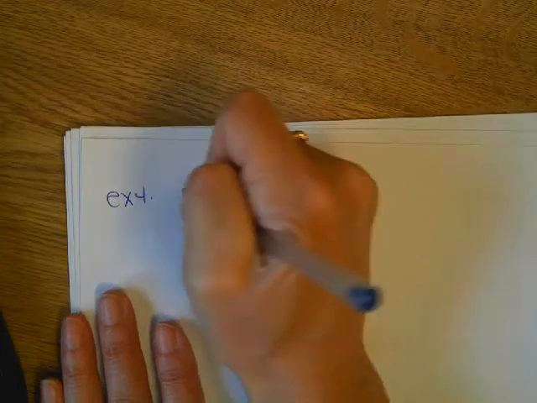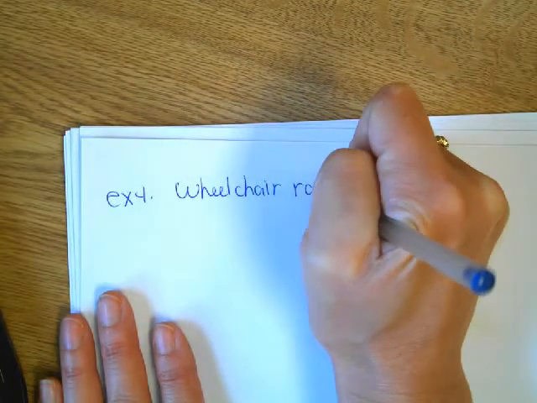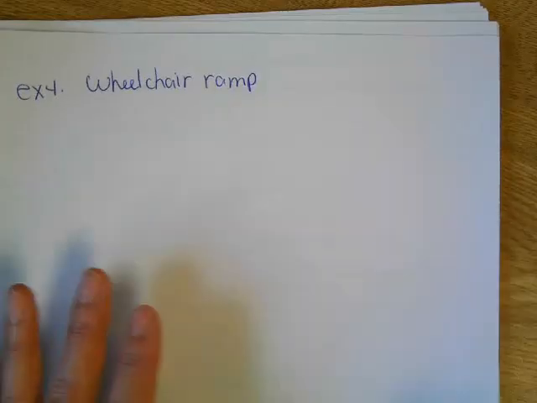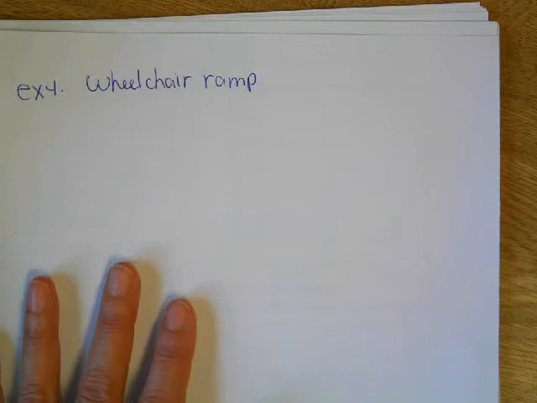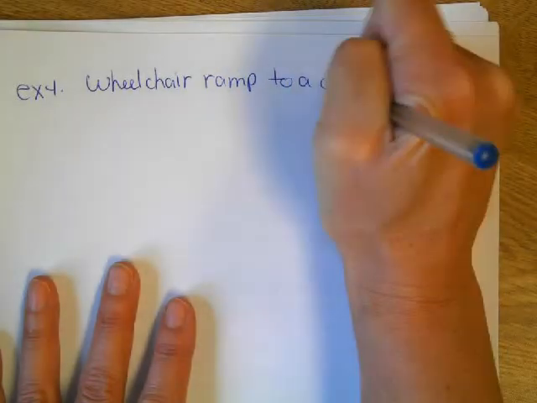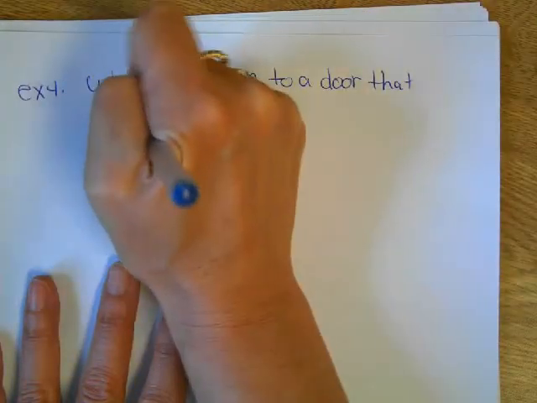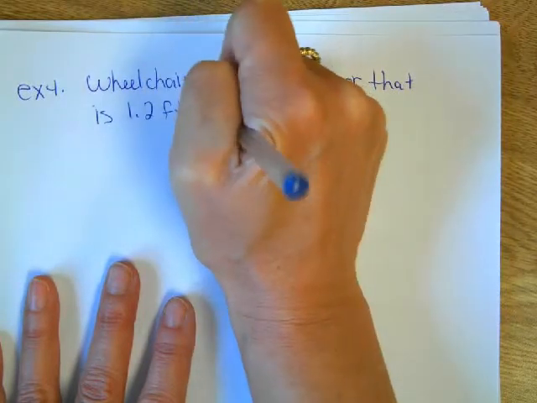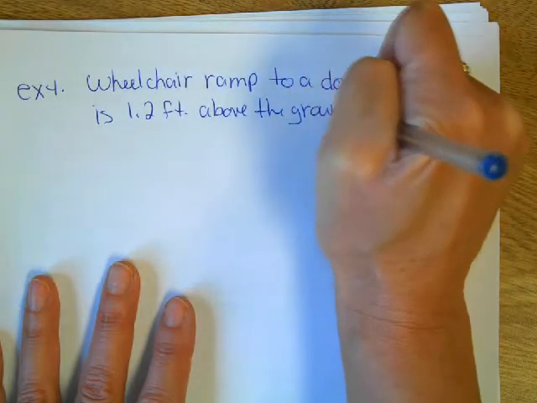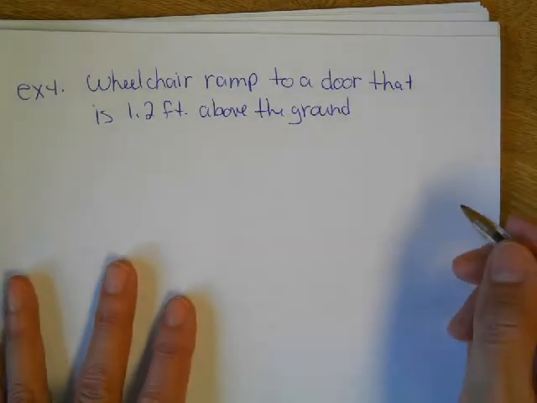Let's see, we've got a wheelchair ramp to a door that is 1.2 feet above the ground. It makes a 4.8 degree angle with the ground.